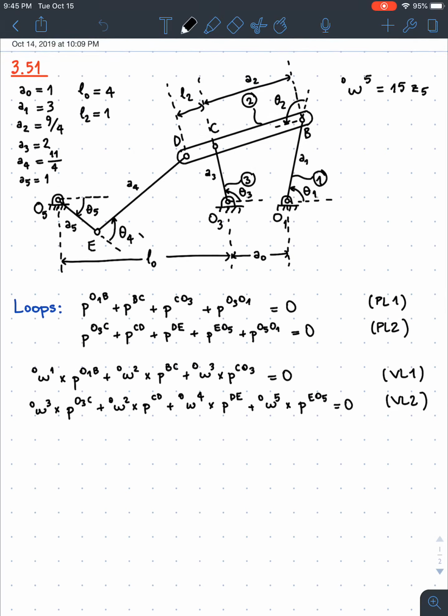If you remember, we have these loop equations. These are the position level loop equations. These are the velocity level loop equations, and we derived these in class.